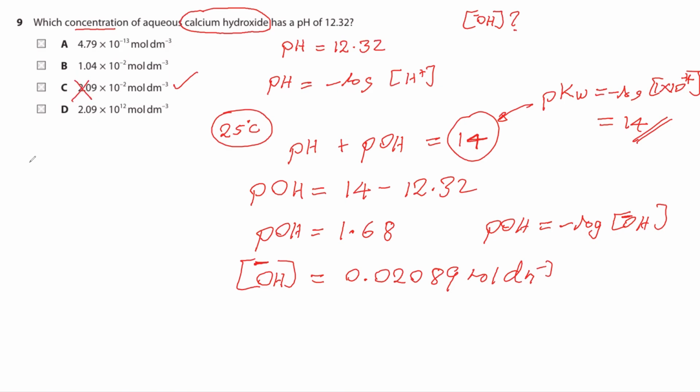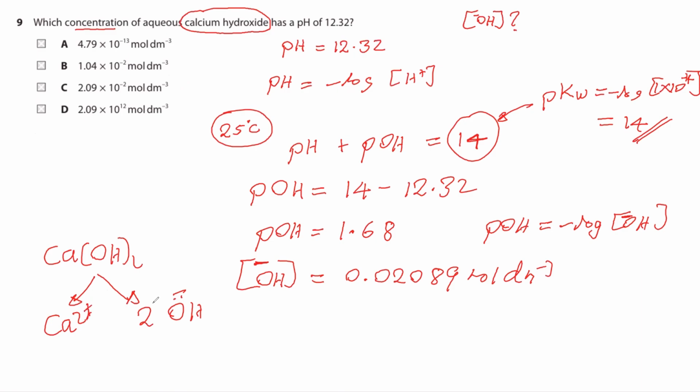The reason here is they are not talking about sodium hydroxide. They are talking about calcium hydroxide. If you take calcium hydroxide, its formula is Ca(OH)2. So if you dissolve one calcium hydroxide, it gives you a calcium 2 plus ion, but 2 OH minus ions. You get 2 OH minus.